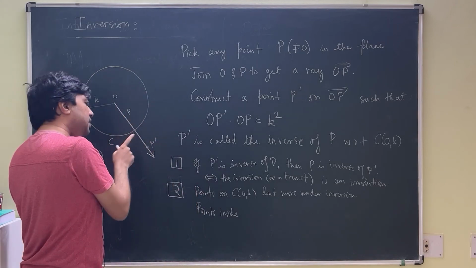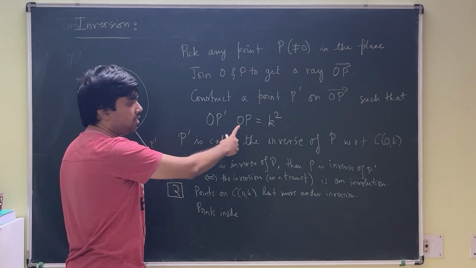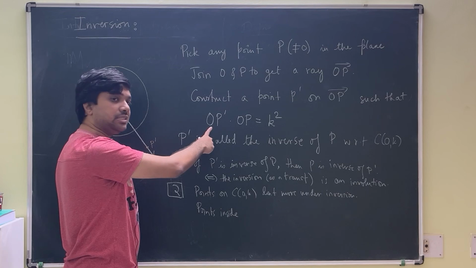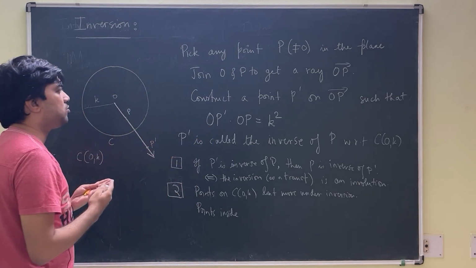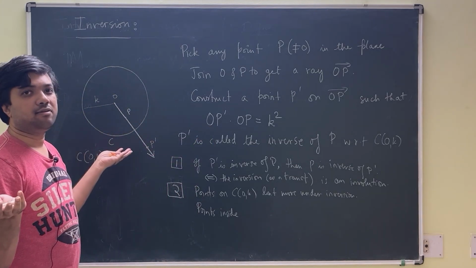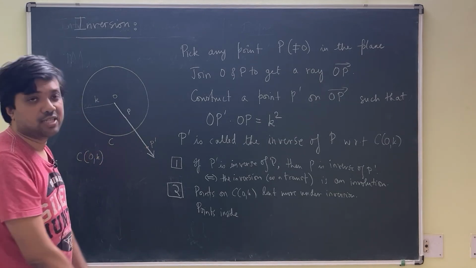Conversely, if any point P is outside the disk, then OP is bigger than k, and the inverse will be inside the disk. So under this transformation, all the points outside the disk get exchanged with the points inside the disk.